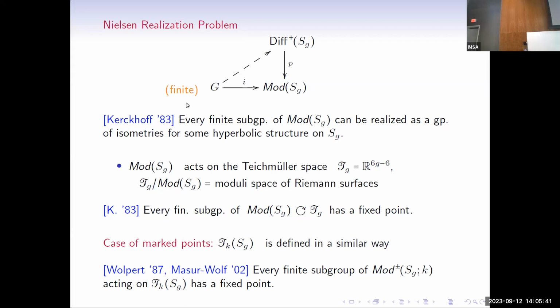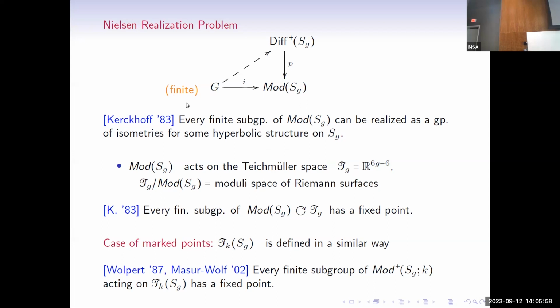The mapping class group also acts on the Teichmüller space of complex structures of the surface, and you can think of the quotient as the moduli space of Riemann surfaces.